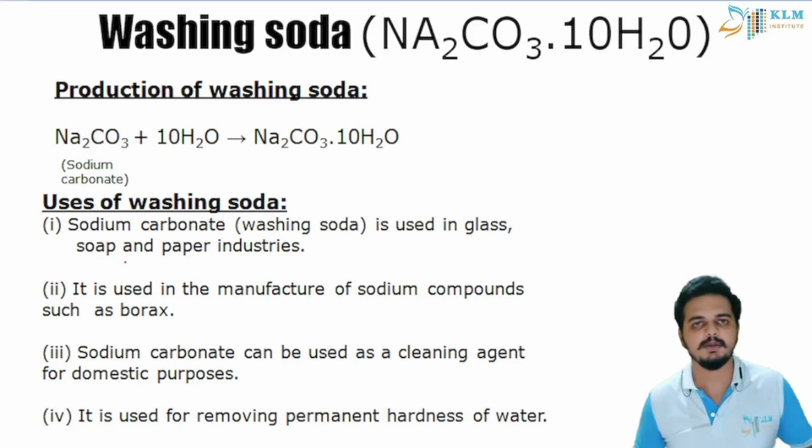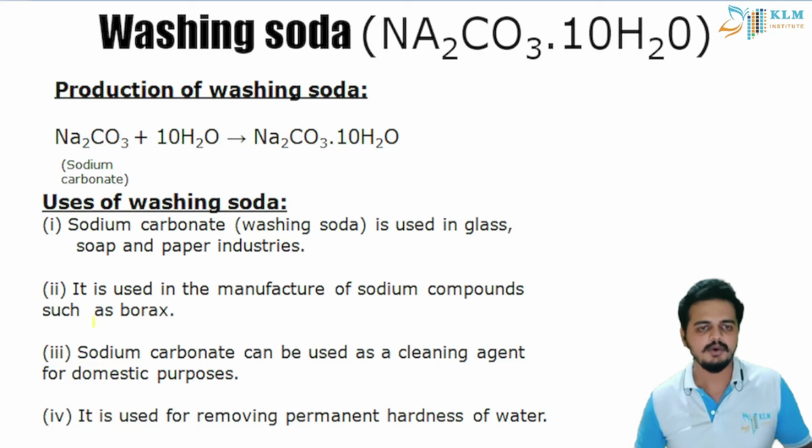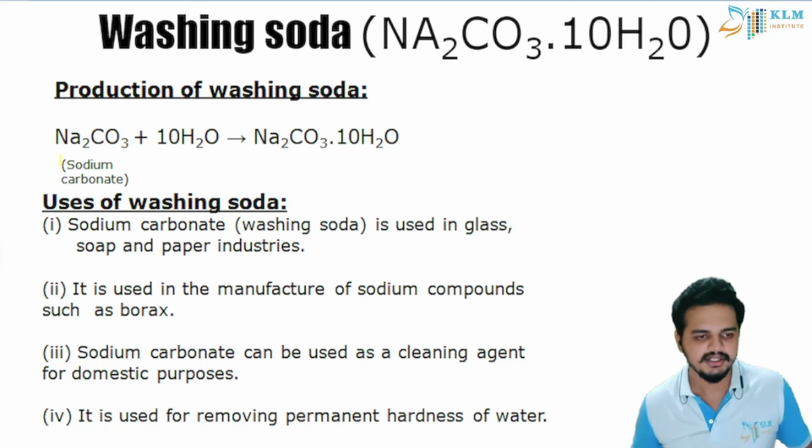We also get one more product from salt, such as washing soda. So how do we make washing soda? We take sodium carbonate, and we add water to it. So it produces washing soda.